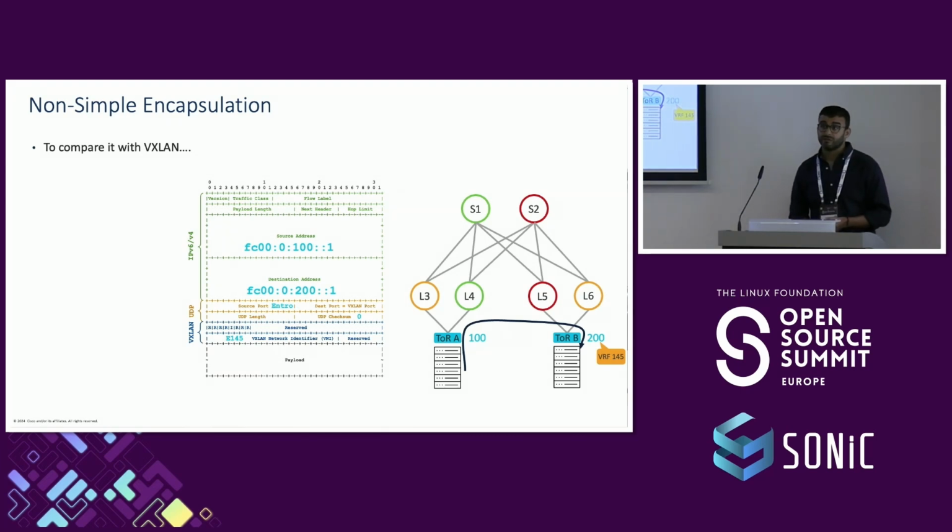So in order to deliver the same, you need 2 extra headers. And people who know the hardware understand that parsing 1 header is way, way simpler than parsing 3 headers.